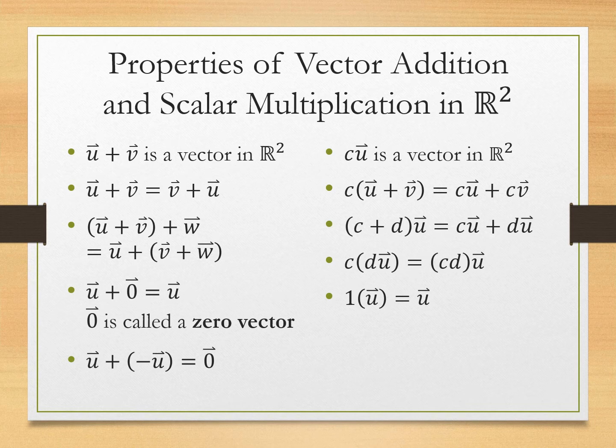Finally, two more. If you have two numbers multiplied to a vector, you can do the multiplication in any order. And finally, if you have one multiplied by a vector, then it's just the vector itself. Now, these properties are very self-evident, given that vector addition and scalar multiplication are element-wise. So they are just true.